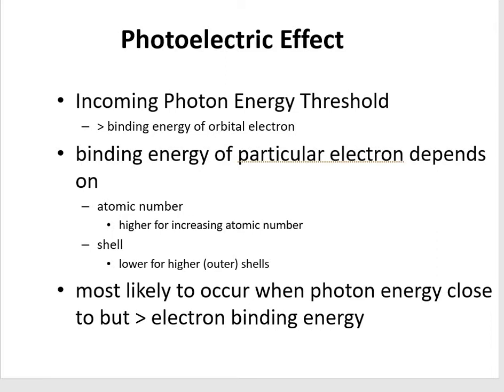So binding energy depends on the atomic number of that particular atom and the shell. Which shell? The outer shell has lesser binding energy. And the photoelectric effect is most likely to occur when the photon energy is close to or more than the binding energy of the K shell electron.